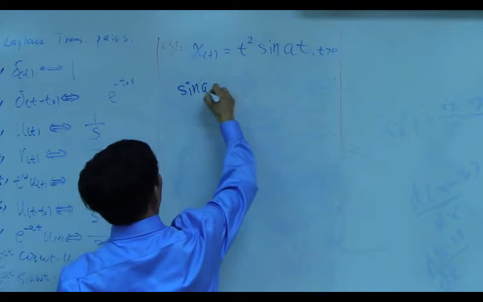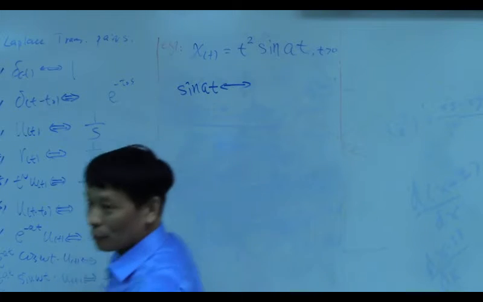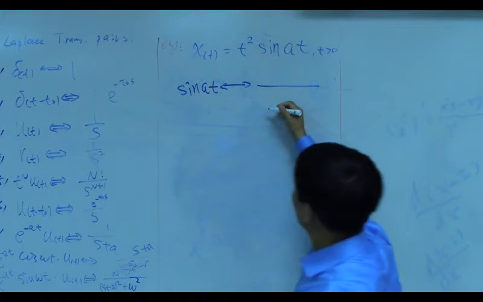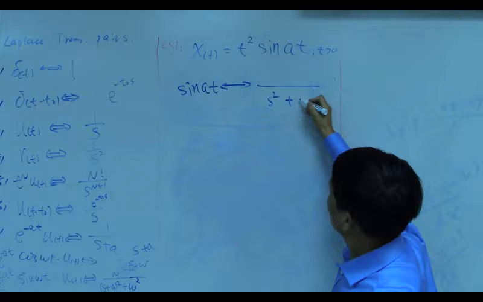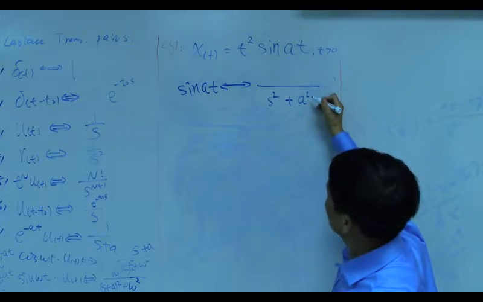Sine at equals what? Now it's your turn. So the bottom is always like that, right? What is on the bottom? s squared plus a squared.